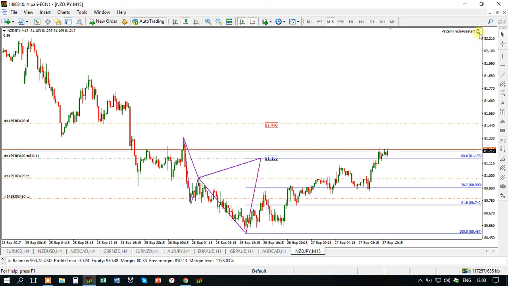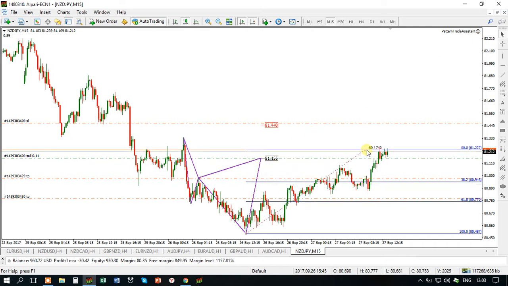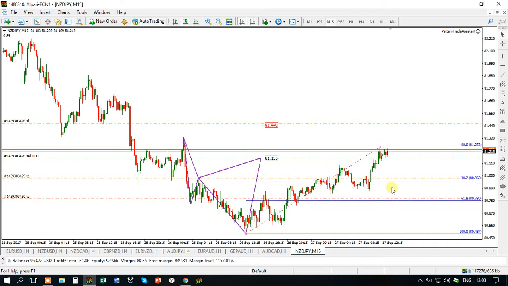They are adjusted automatically by Pattern Trade Assistant. You can see that smiley face. It did its work. So if you restretch the fibs, you can see new 38.2 and new 61.8. This is called the target adjustment rule. I pretty often have those questions about the target adjustment. One of the most frequent questions I have.